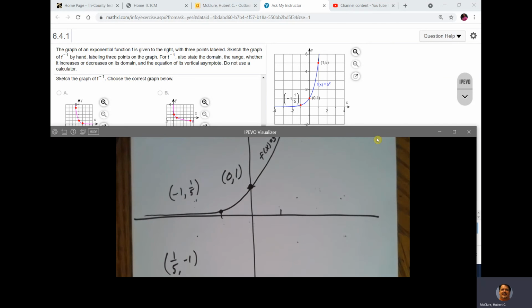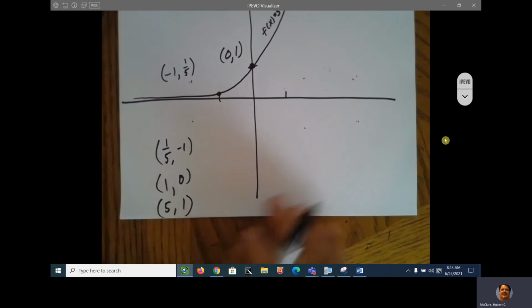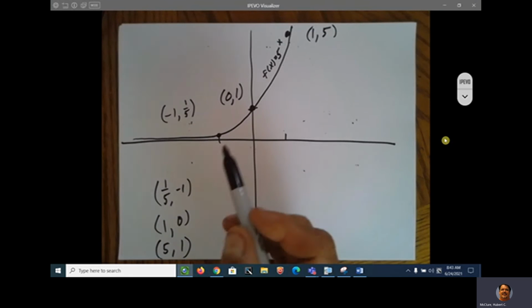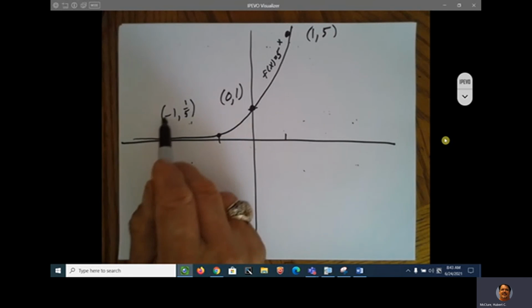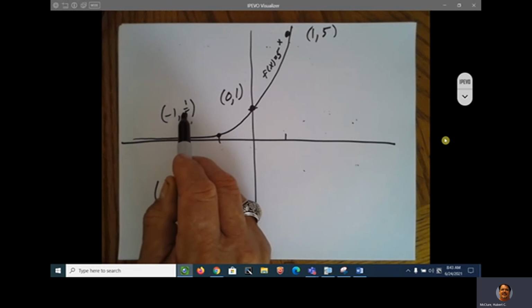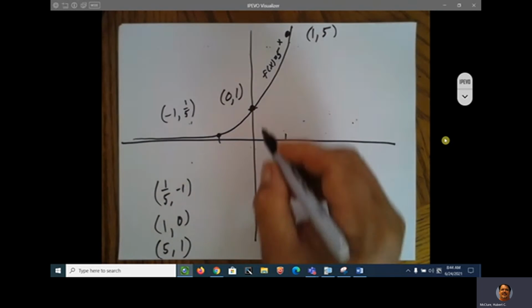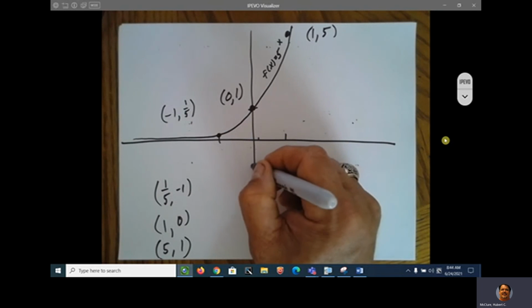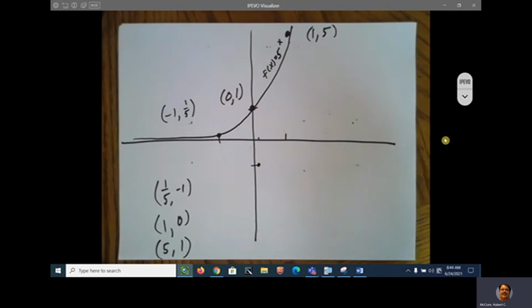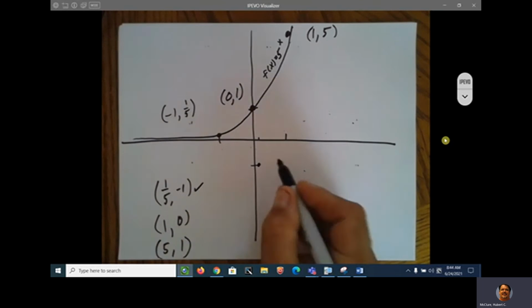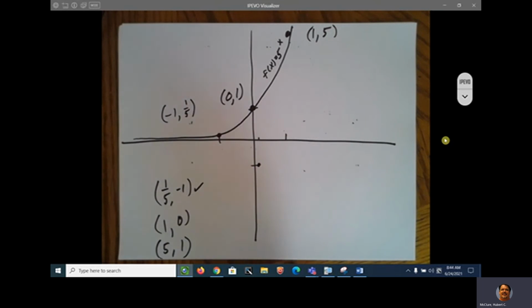So let me go ahead and show you the whole thing. There we go. And that's true with any inverse. The function, if it's -1 and 1/5, then you flip them: 1/5 and -1. So 1/5 is right here, -1 is down here. So there's that one. I'm going to do this in orange.